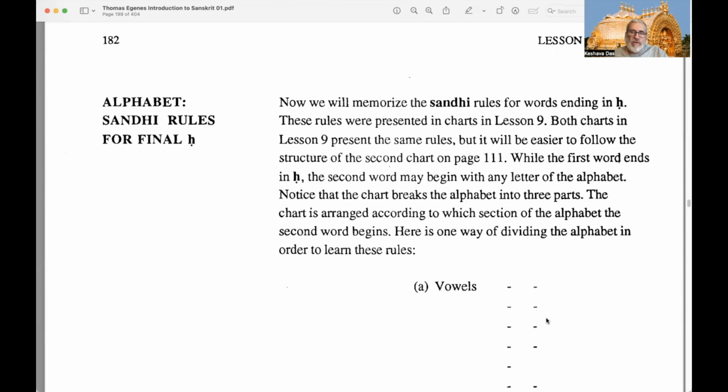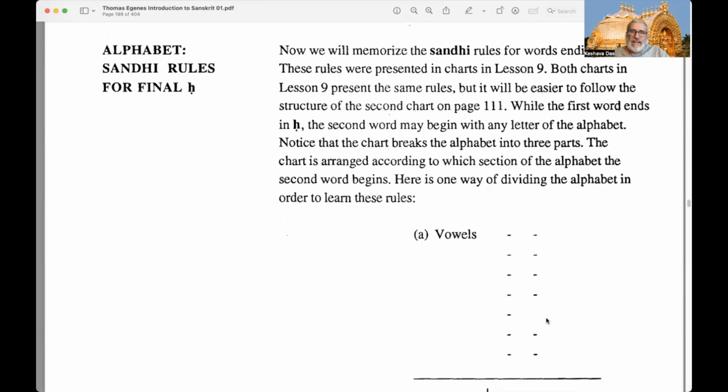While the first word ends in Visarga, the second word may begin with any letter of the alphabet. Notice that the chart breaks the alphabet into 3 parts. The chart is arranged according to which section of the alphabet the second word begins with.